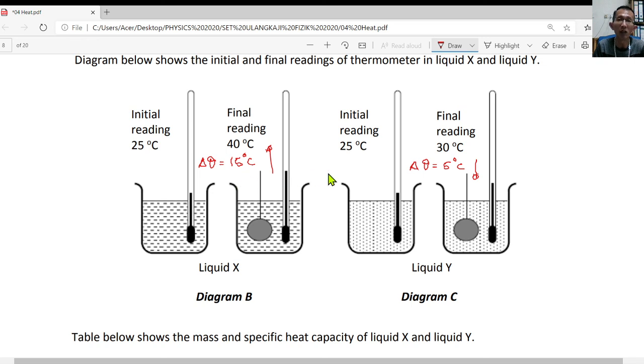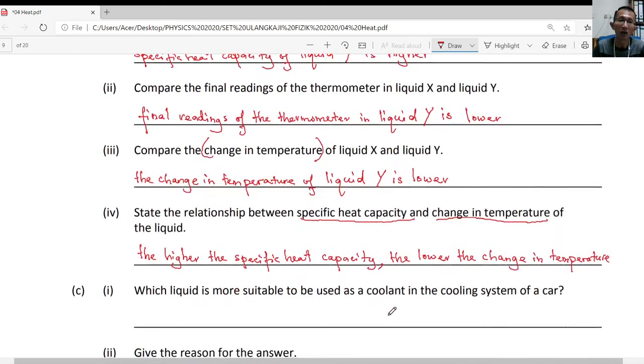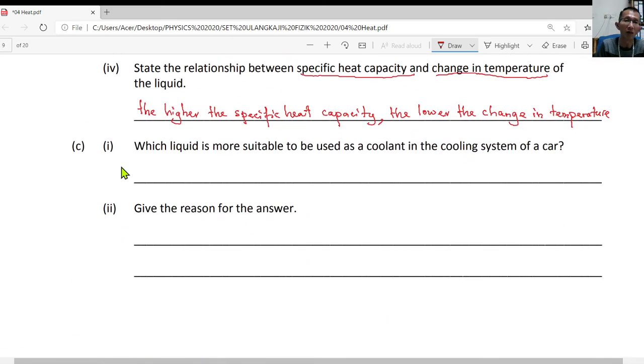So if I am using liquid Y as my coolant in my car engine, my engine will be colder compared to if I am to use liquid X. If you use liquid X, the engine will become very hot. So the answer here, which one is better as a coolant in a car, would be liquid Y.